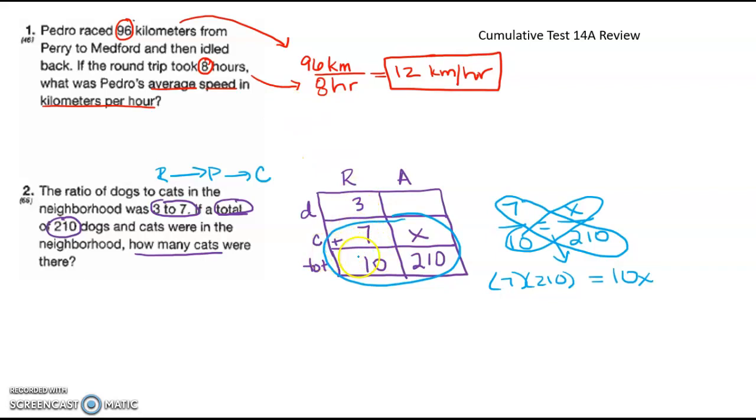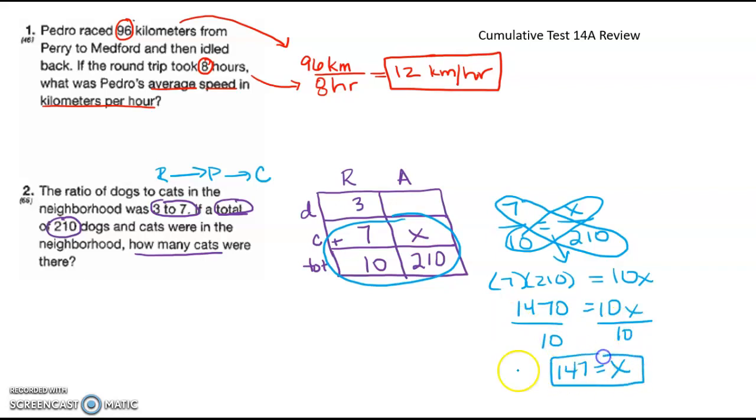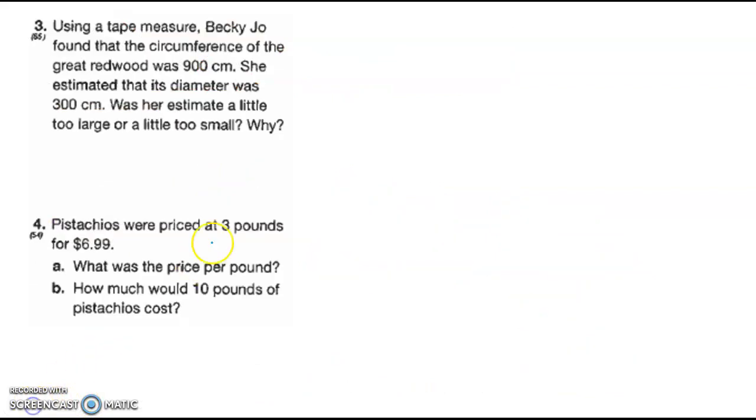So I get 1470 is equal to 10x, divide by 10, divide by 10. X is equal to 147. That is my answer. Okay, we did one of these in our STAR problems. And I told you there was going to be one on a test, and here it is.